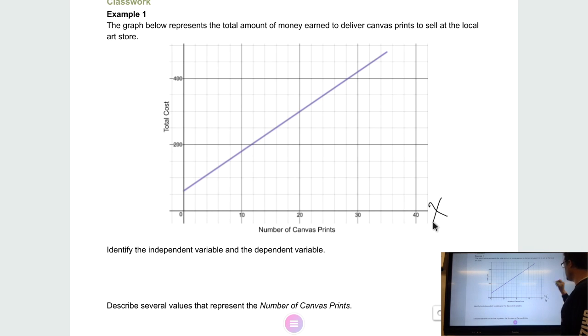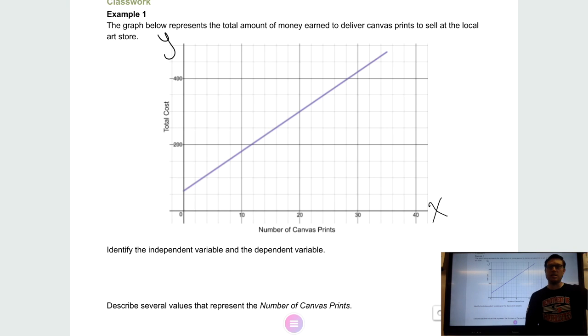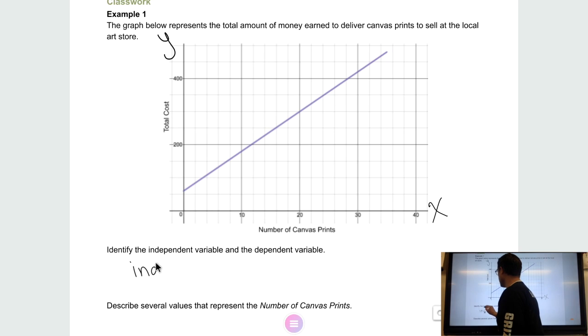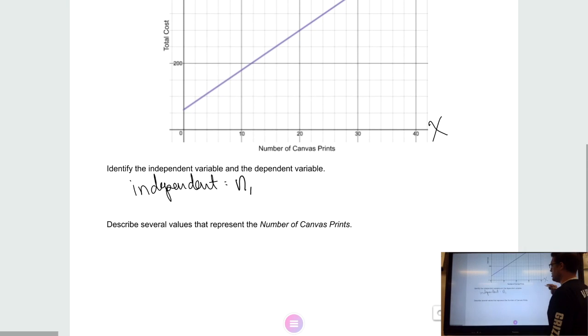And so if we label this graph x and y, we should identify the variable for the x-axis as independent. It would be the number of canvas prints. I'm going to use a letter and then write what that letter represents. So N, the number of canvas prints.